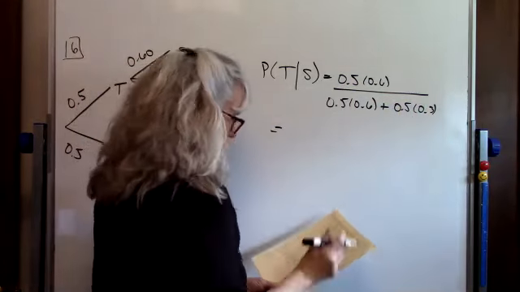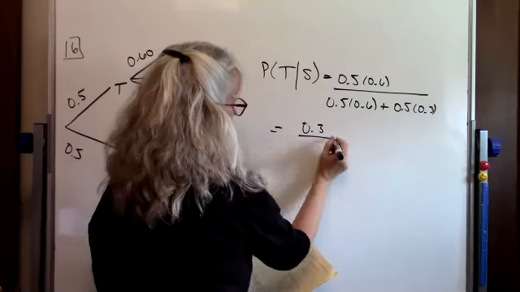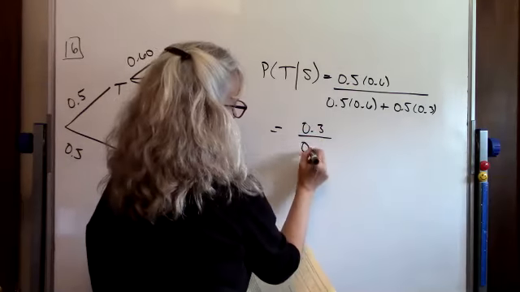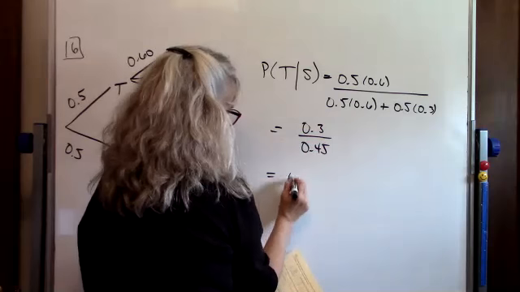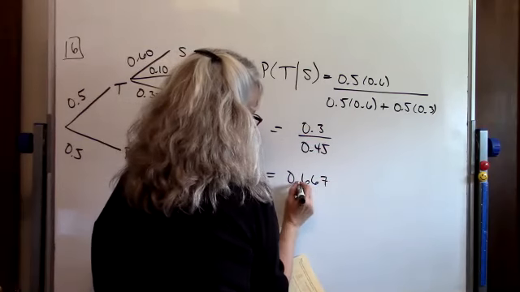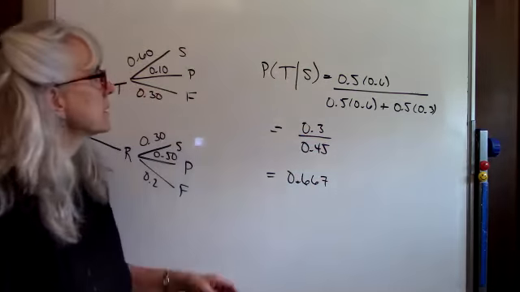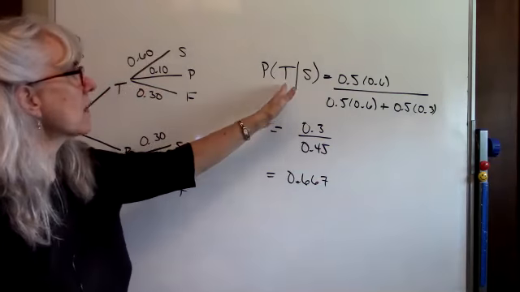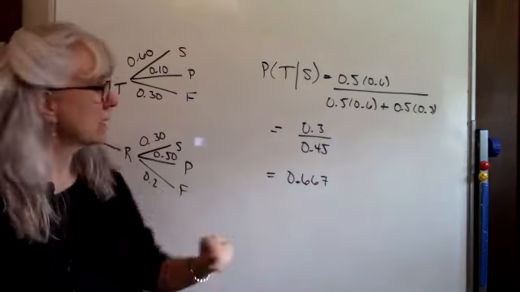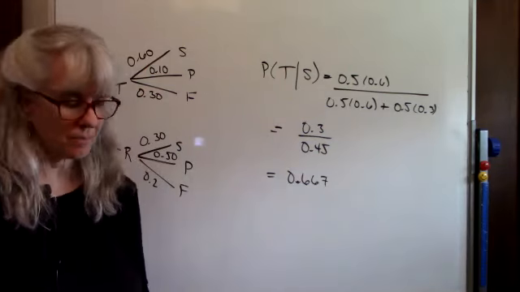And that comes out to be 0.3 in the numerator over 0.45 in the denominator, which gives us 0.667. So the probability that the contract came from Teleview, given that it was a success, is 66.7%.